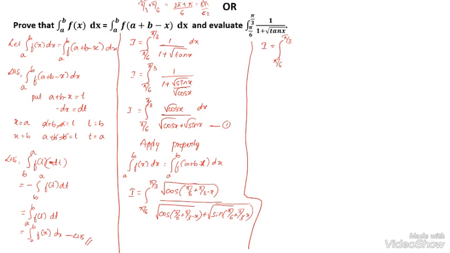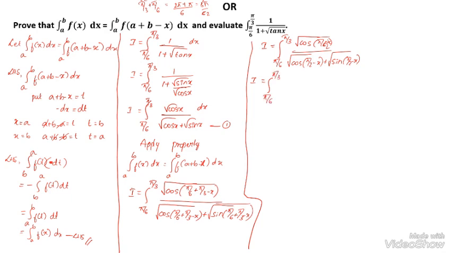We have root of cos of (pi by 2 minus x) divided by root of cos of (pi by 2 minus x) plus root of sine of (pi by 2 minus x). By the property, I is equal to the integral from pi by 6 to pi by 3.